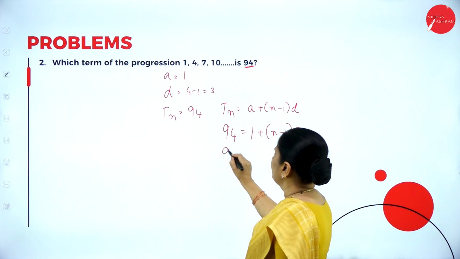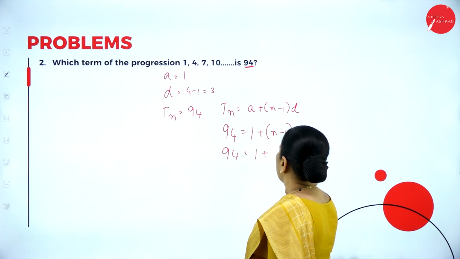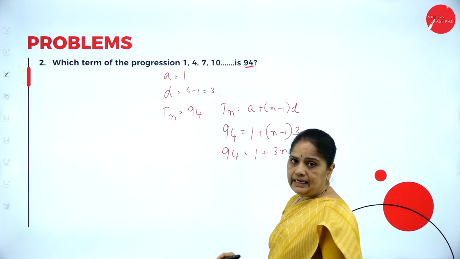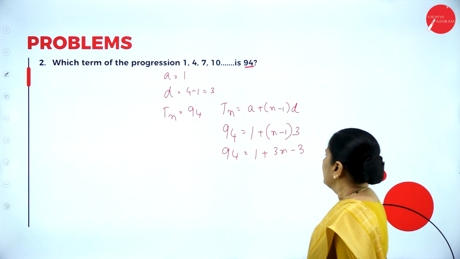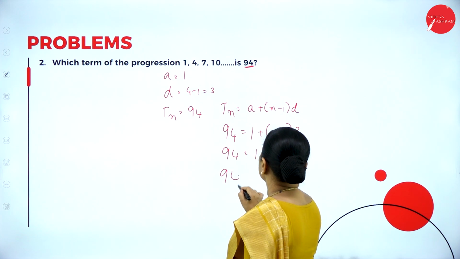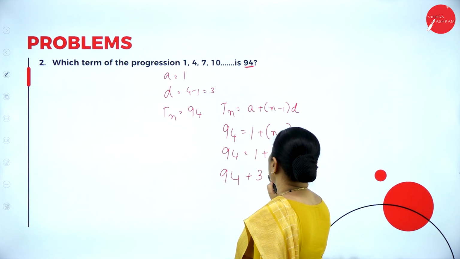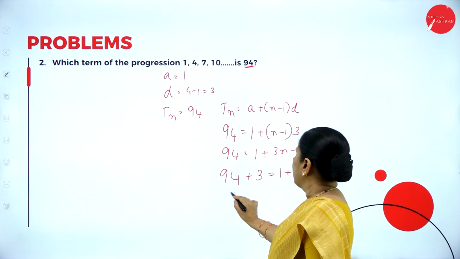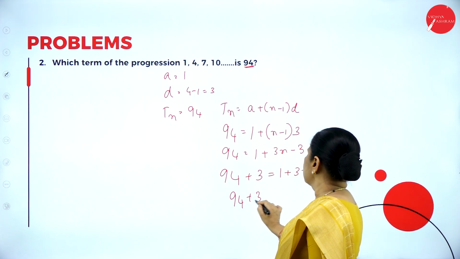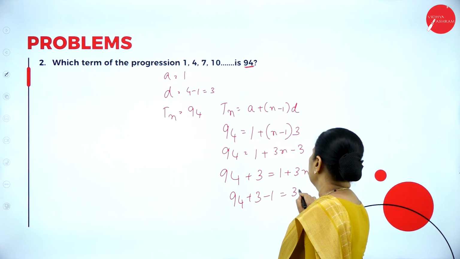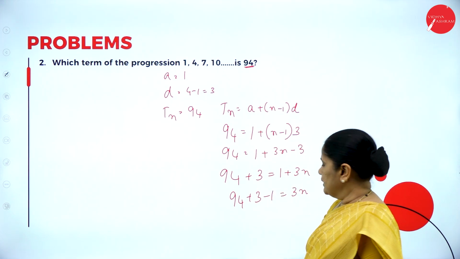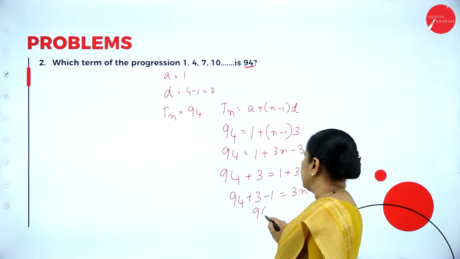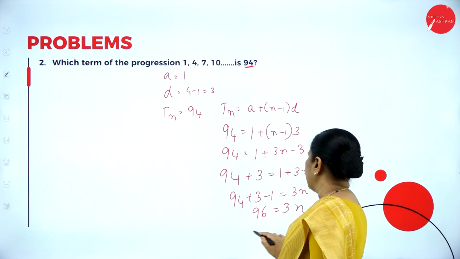Now 94 equals 1 plus n minus 1 into 3. So 94 equals 1 plus 3n minus 3. 3 into n, 3n. 3 into 1, 3. Now 94 plus 3 equals 1 plus 3n. 94 plus 3 minus 1 equals 3n. 94 plus 3 is 97. 97 minus 1 is 96 equals 3n.